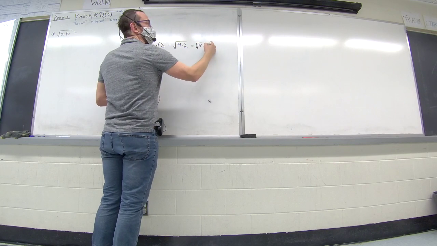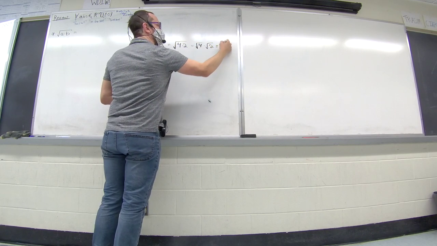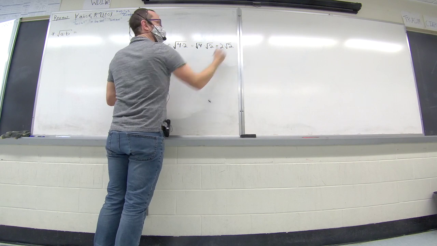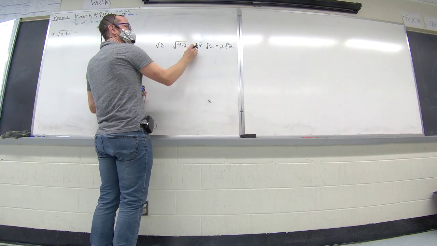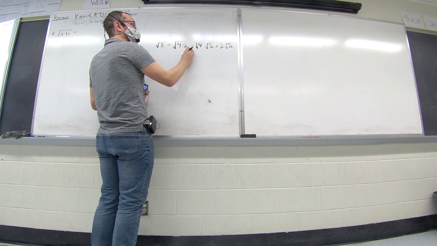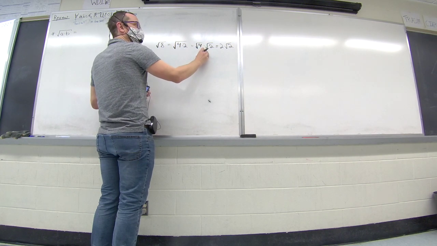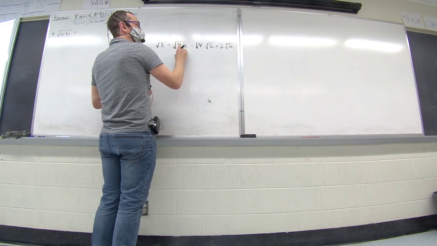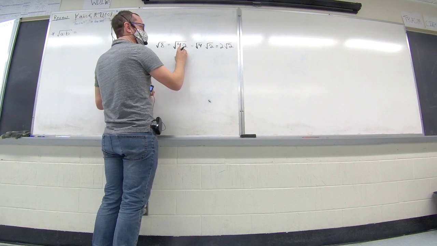Yeah, the square root of 4 times the square root of 2, which is 2 times square root of 2. Right? You could take this step here is what this rule is about. You could go from here to here. Right? This is called simplifying a radical.